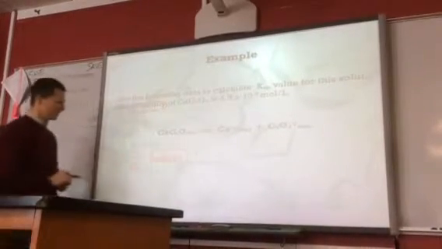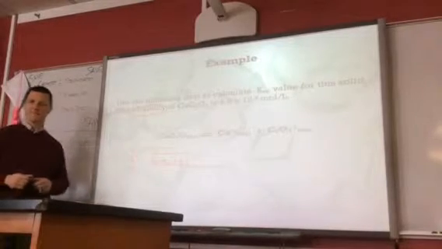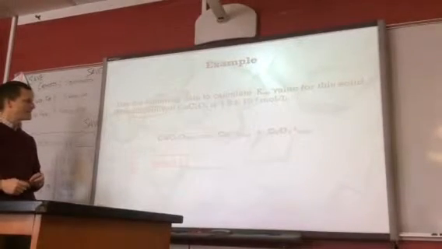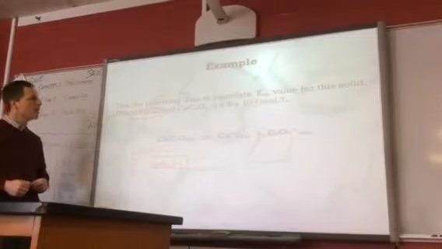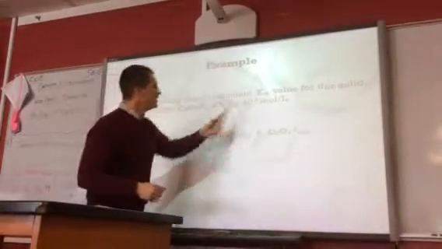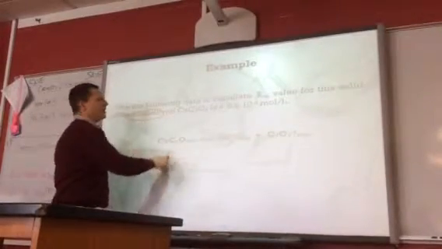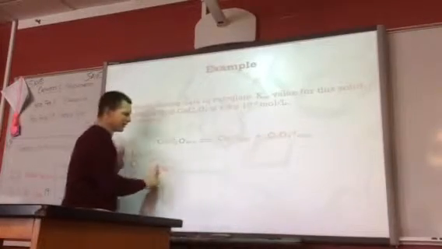My board is just off a little bit, so my writing's going to be messy. Okay? So if they're giving us that value, that means that this goes down by 4.8 times 10 to the negative fifth molarity.